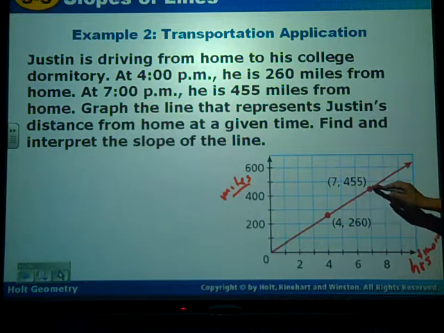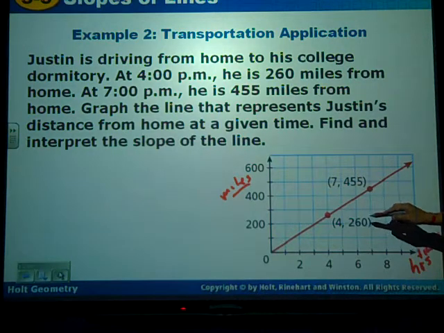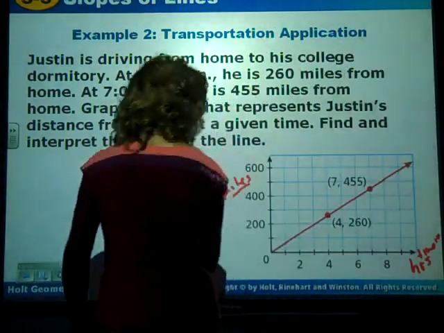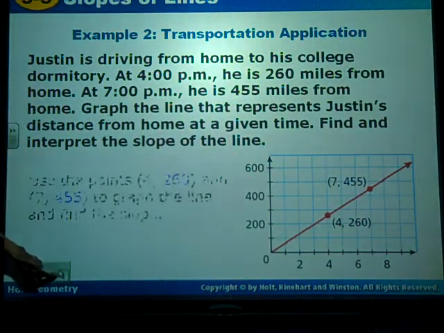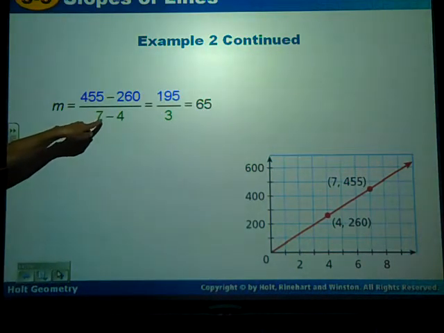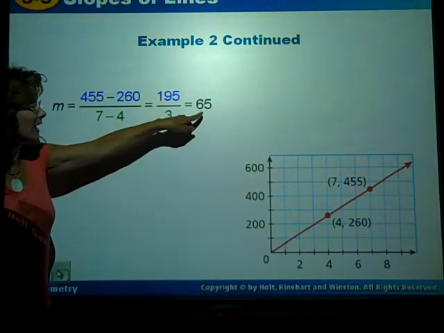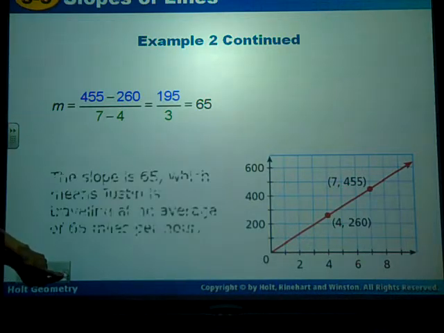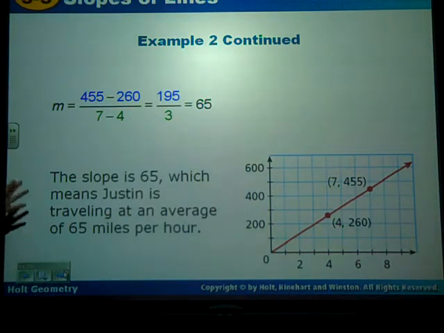Now we can just plot this, and we can use our slope formula: 455 minus 260 over 7 minus 4. And we see that it's going at an average rate of 65 miles per hour. So, an easy way to do those kinds of problems. Remember, if they give you a time and a distance, you have an ordered pair.